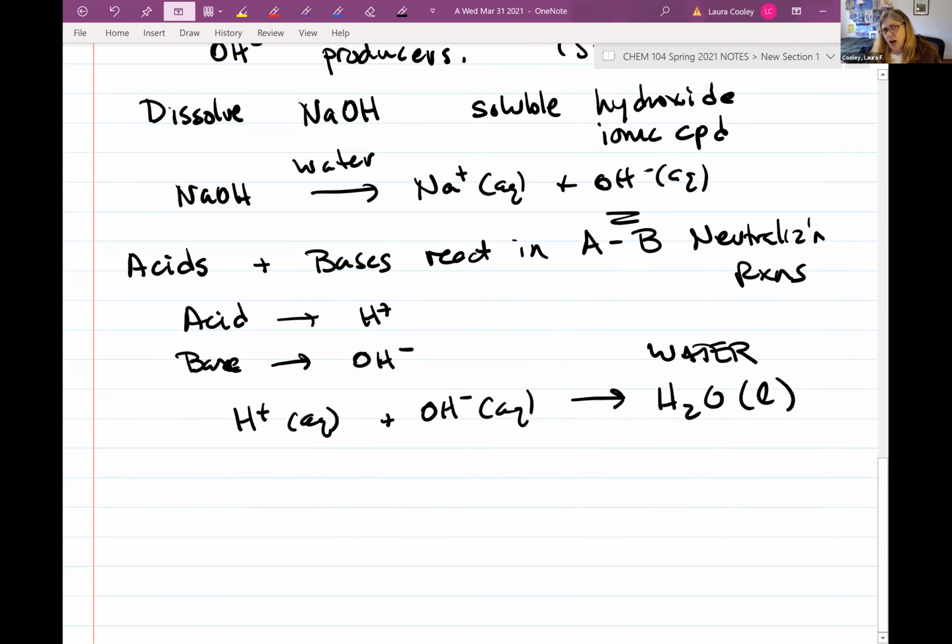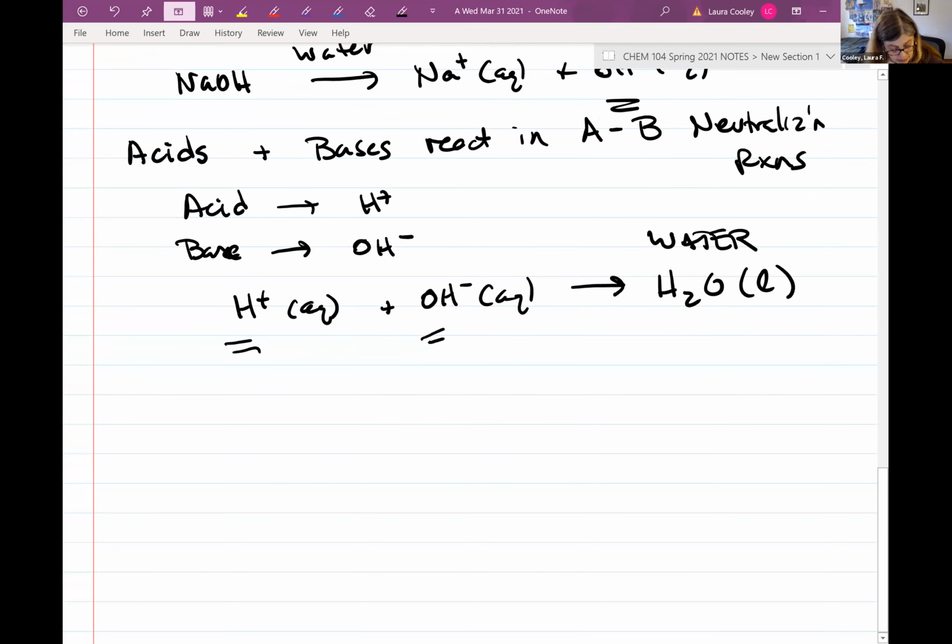Okay, so you might have some other counter ion. If you had HCl, you'd have chloride as a spectator ion. If you have hydroxide, it had sodium, then sodium is there. And so, but they're just watching. They're not really participating.